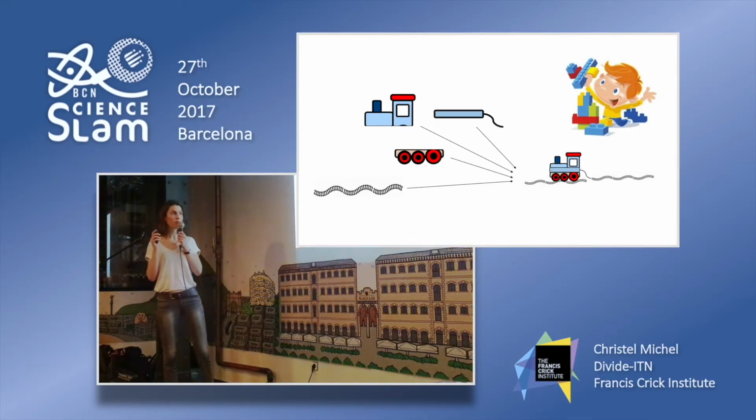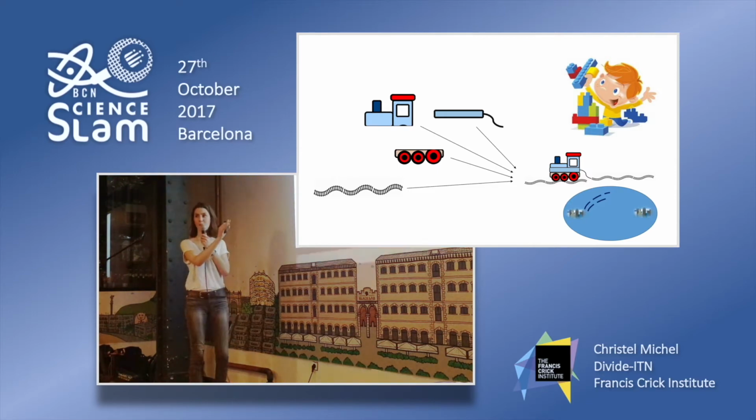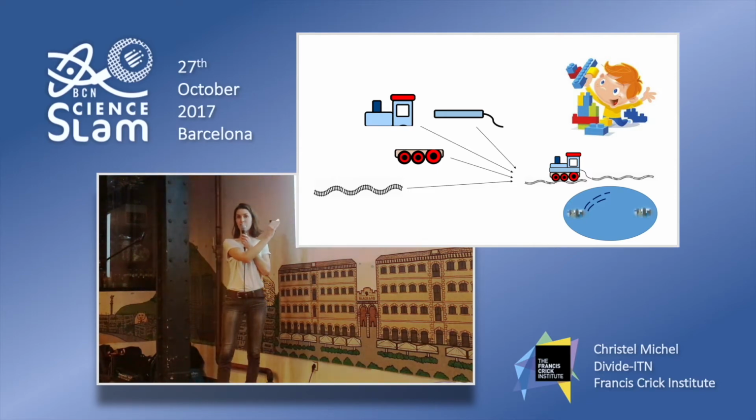I try to have an organization, even if this is just two different rails organizing the way we see it really in cells. If I manage to do this with two rails, this already means that I have the basic components of my railway system that allows this mechanism to work in cells.